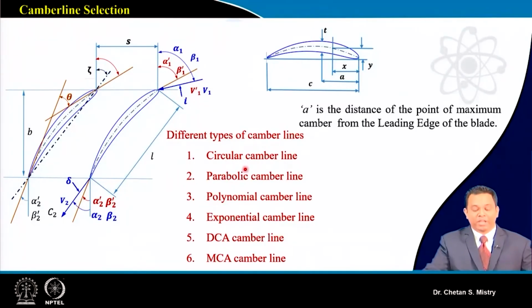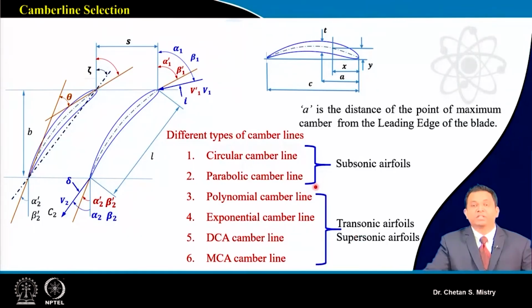Some of them are circular camber line, parabolic camber line, polynomial camber line, exponential camber line, DCA, double circular arc camber line, and multiple circular arc camber line. These two are mainly used for subsonic aerofoils, and the others are used for transonic or supersonic aerofoils.